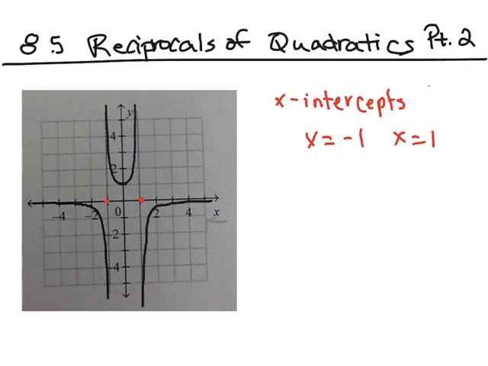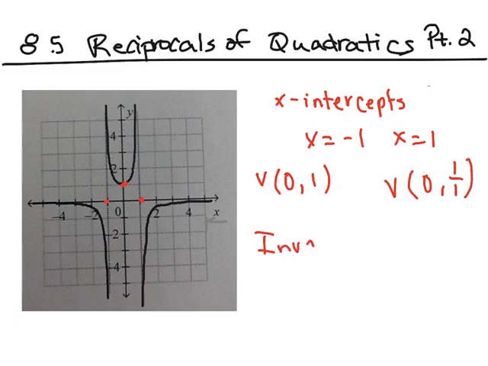So we know that our graph's going to go through that point. Now we have to find the reciprocal of our vertex. So our vertex on our graph is 0 and 1. I don't know, I wrote 4. So our new vertex will be at 0 and 1 over 1, which is still 1. So plot that point.